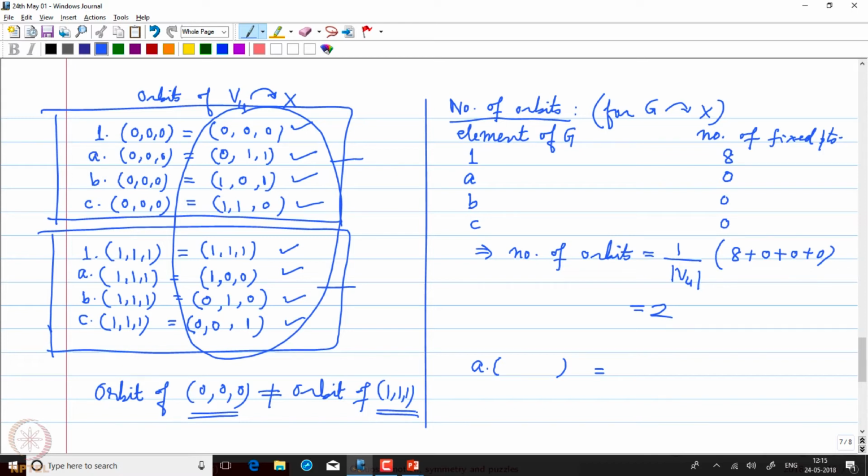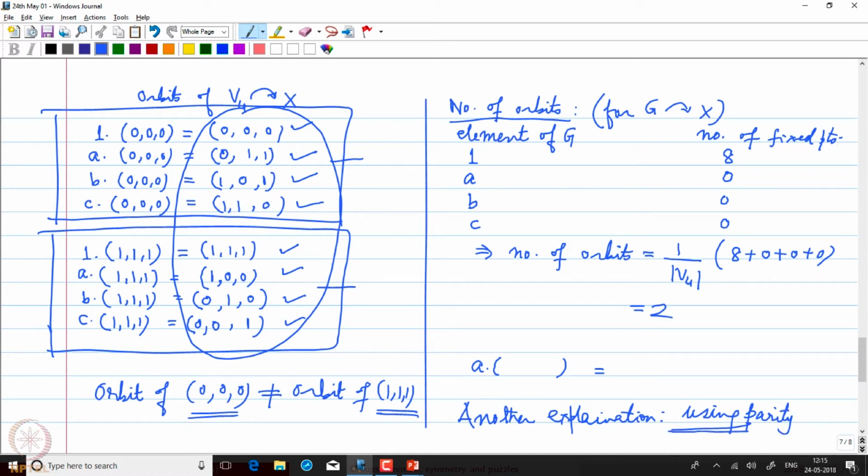The same problem we could have understood in much simpler terms, not even in terms of group actions, but using the concept of parity. So another explanation to this would have been using parity.